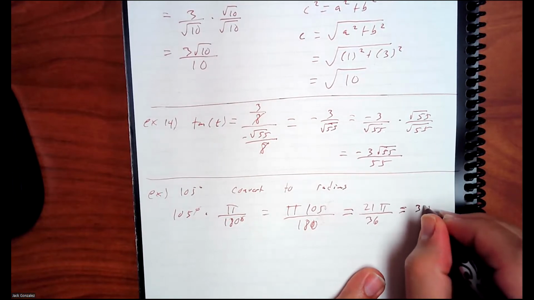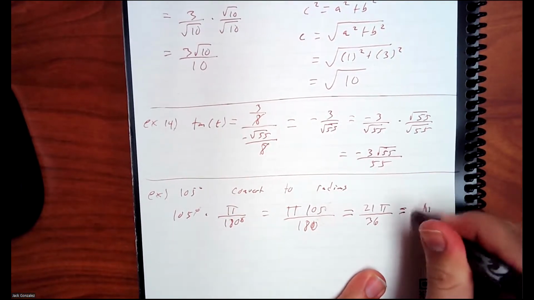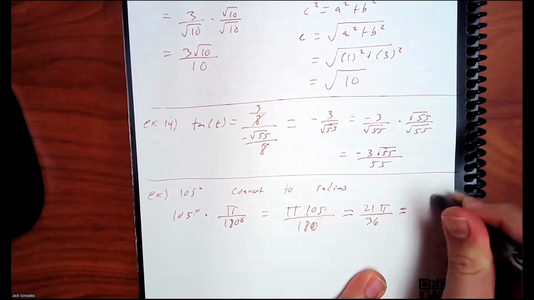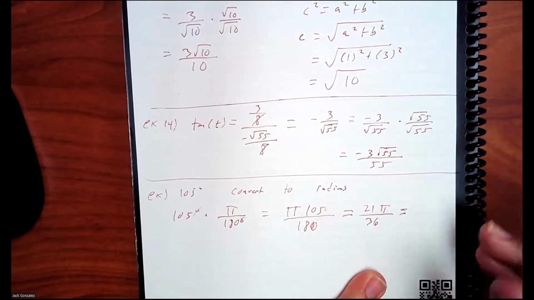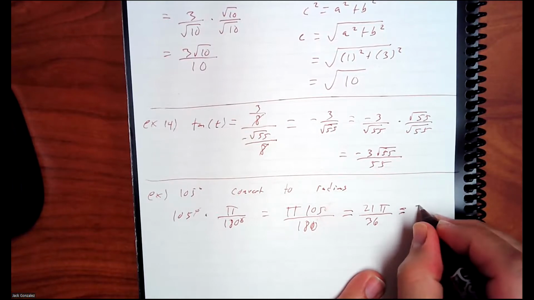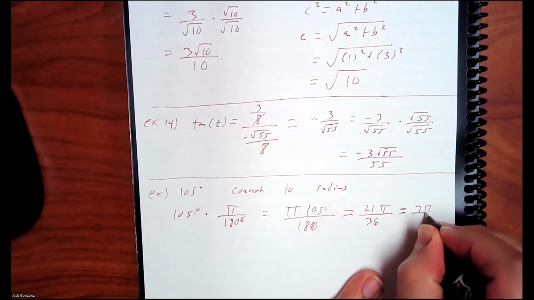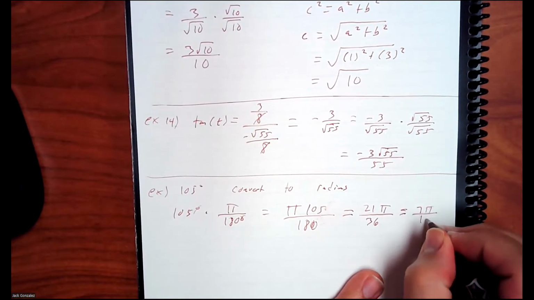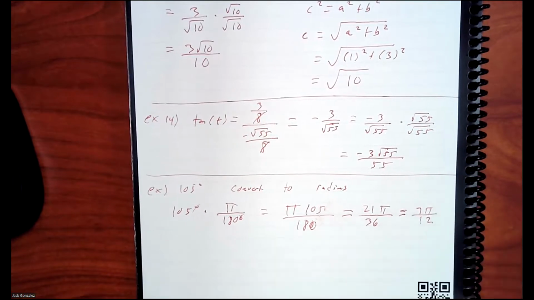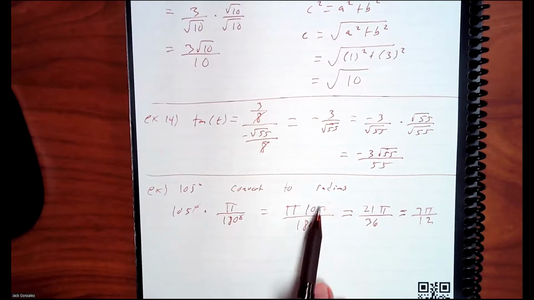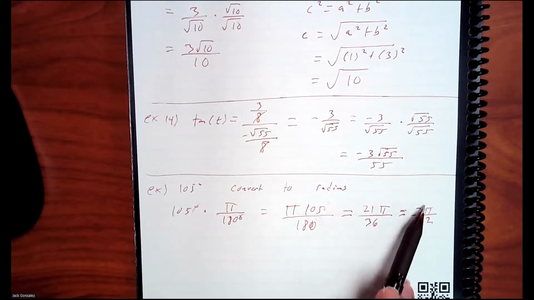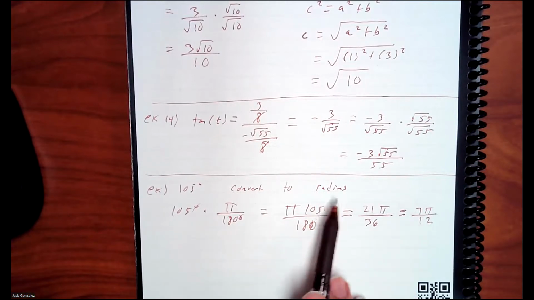Divide by 3, right? So 7 pi over 12. I divided both by 5, got this, both by 3, got this. So technically I could have used 15.